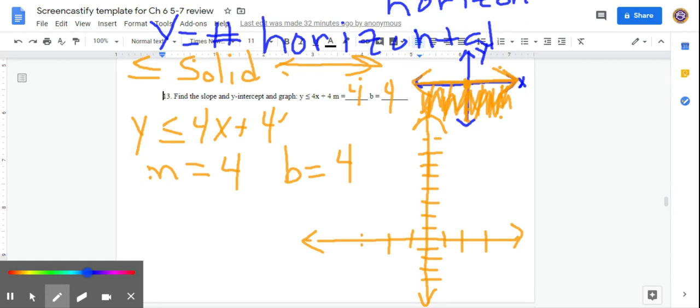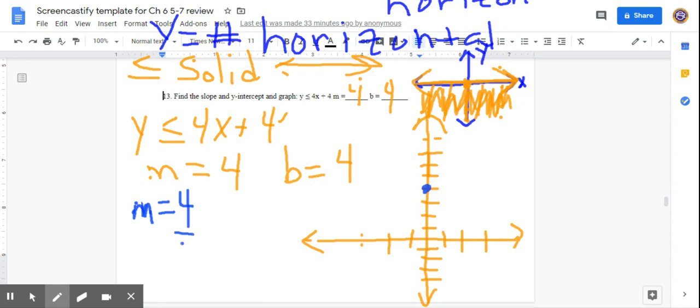So now we're going to graph. Where does b equal 4 on the y-axis? 1, 2, 3, 4. So we put our point. Now we're going to use our slope. M equals 4. Remember, that's 4 over 1, so that's going to be up and right.